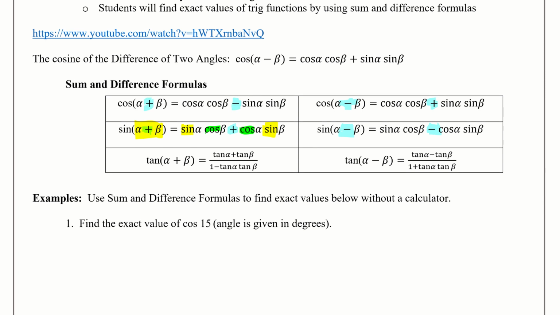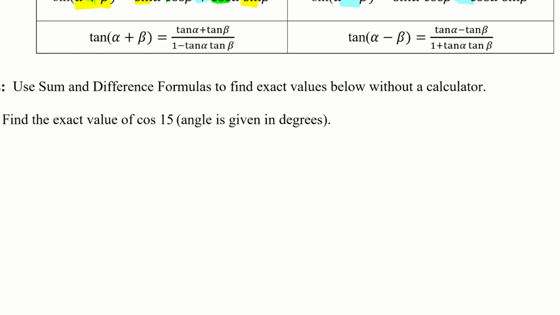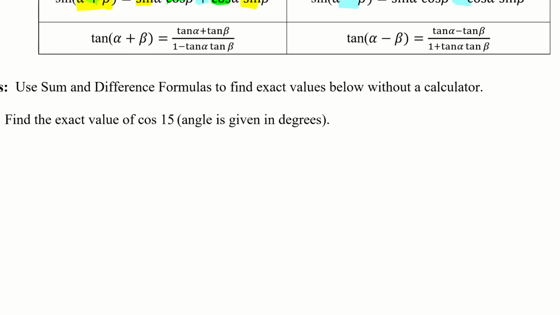The tangent formulas, again, if you memorize the sum pattern, the difference pattern is just the same thing, we just have to change the signs. For the sum one, we start off with an addition in the numerator of the tangent of each of these angles individually.